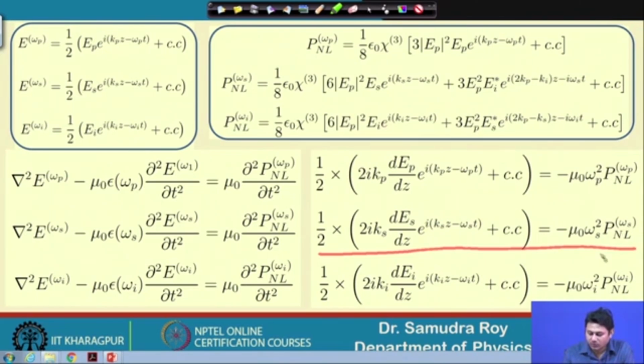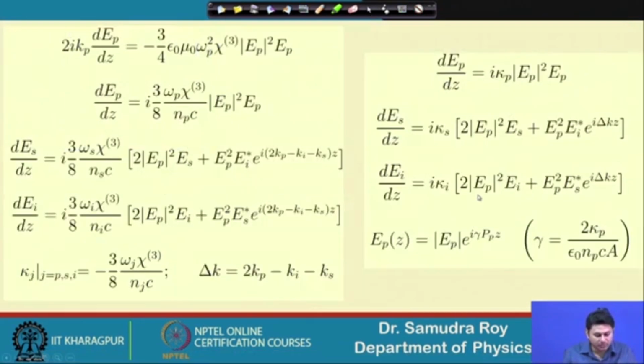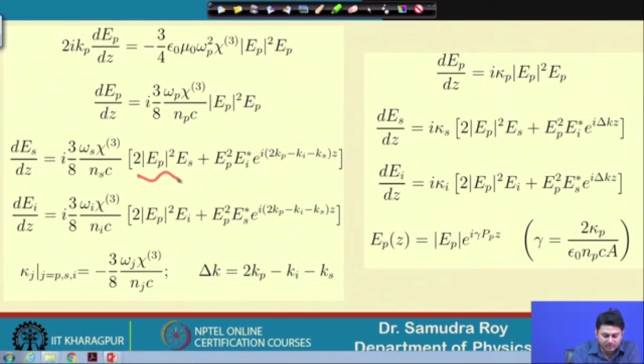I just put in these values. The derivative is not required at all, because we already have the omega s square and omega i square terms, and when I put these together, we will simply have this quantity. The first term corresponds to the cross phase modulation term as usual, and the second term corresponds to the four wave mixing term.